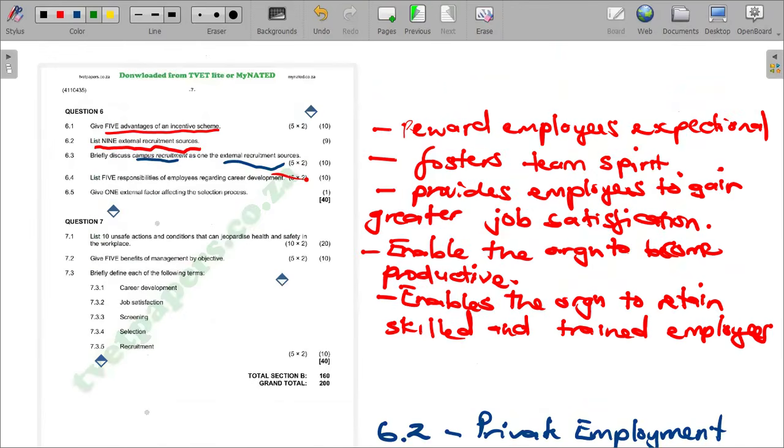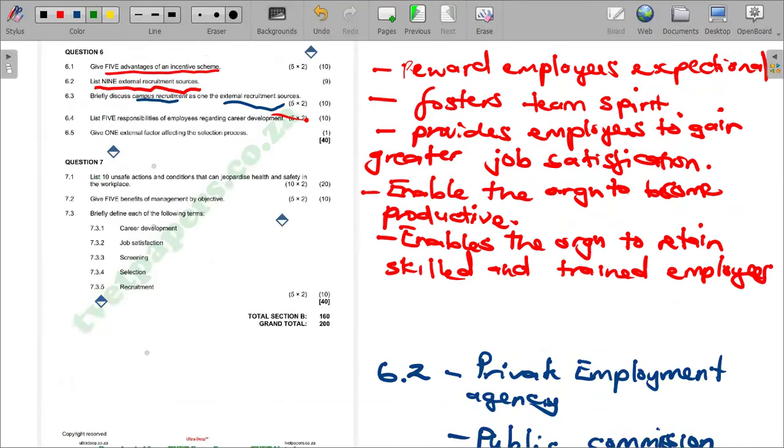Okay, let's move on to question 7. List 10 unsafe actions and conditions that can jeopardize health and safety at the workplace.